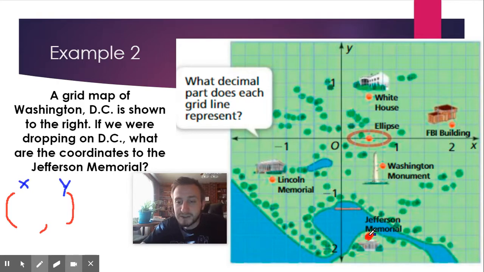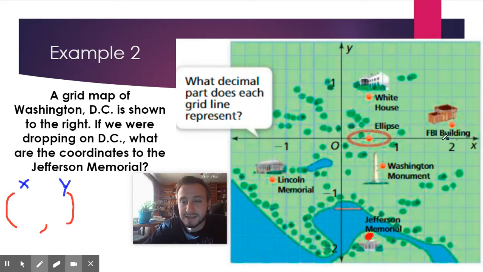So if this is the Jefferson Memorial, we need to figure out what is the X value by looking at my coordinate plane. Now, remember, we are working with whole numbers, regular integers, like 1, 2, 3, 4. But sometimes you're going to be working with numbers that are in between. So in between 0 and 1 is a fraction of a whole bunch of numbers. There's halves and fourths and sixths and so on. So let's look at this coordinate plane right here.